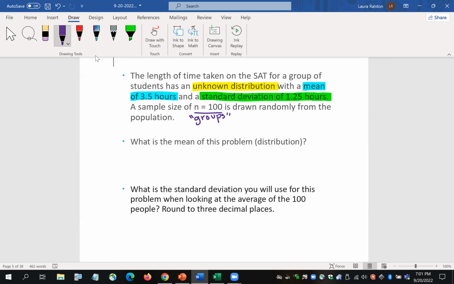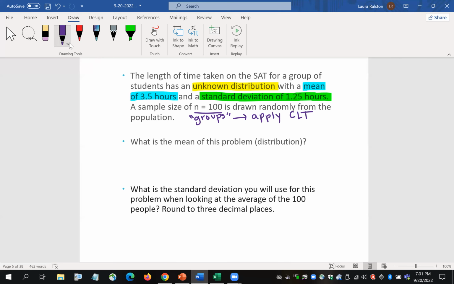So my biggest clue here that I want to use the central limit theorem is that I'm going to be using groups as opposed to a single one. So I know that I need to apply the central limit theorem because I'm going to select groups of 100 in this particular case.